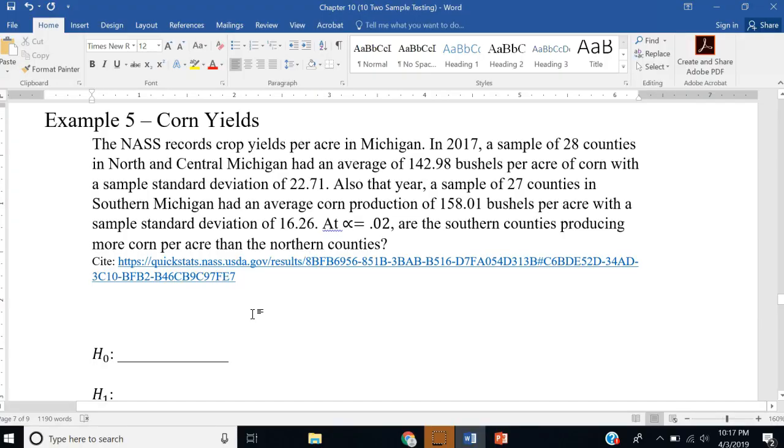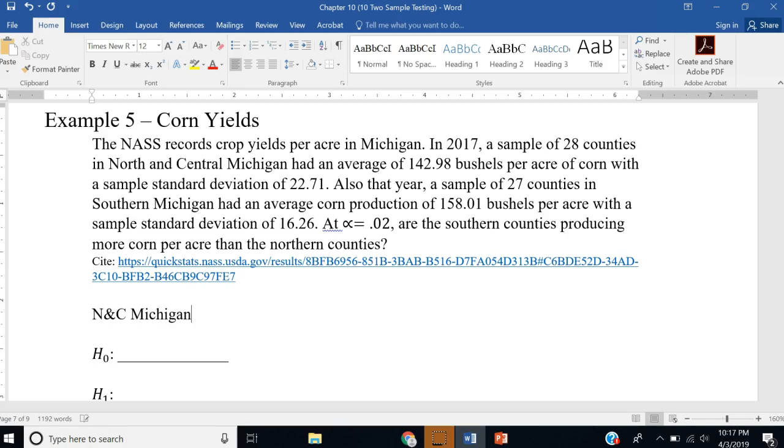All right, so here we go. Looking at this again, we have to determine which one's group 1 and which one's group 2. So I'll do North and Central Michigan, I'll call that group 1.